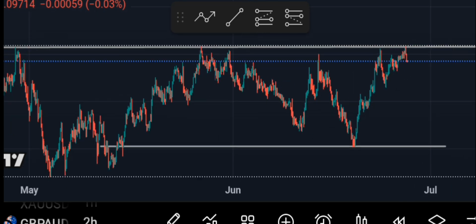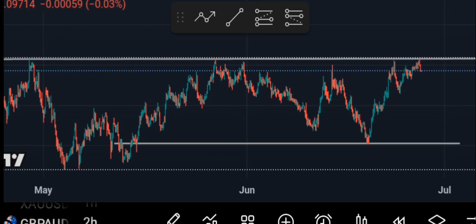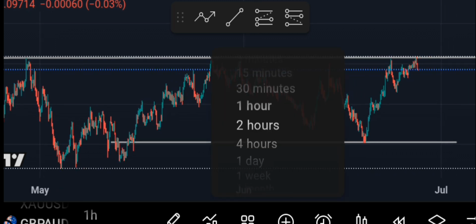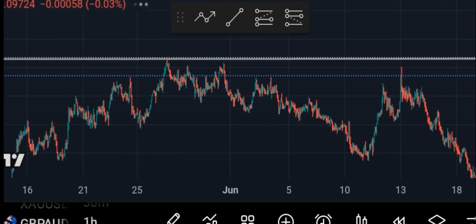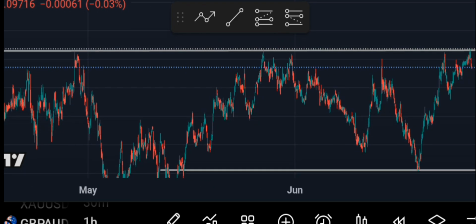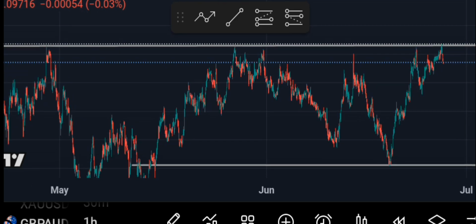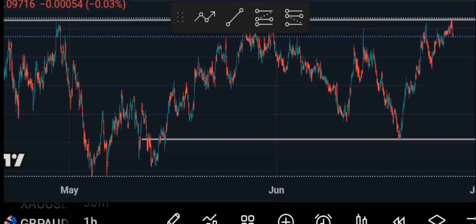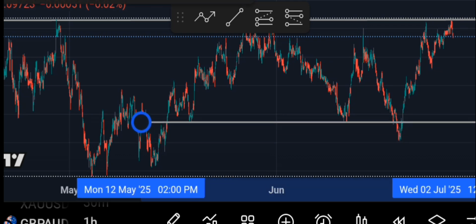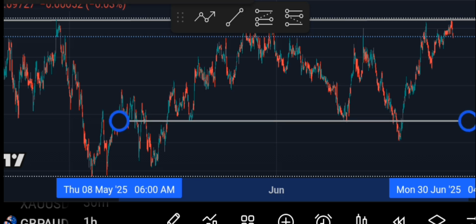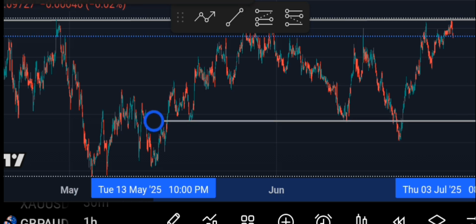Are you with me, guys? So currently we are on the 1 hour time frame. Let me go back to 1 hour time frame. And you can see how the market has been reacting anytime it gets to that resistance level. And when it creates a new support here, our support supposed to be in this level. We're supposed to make this level our support.